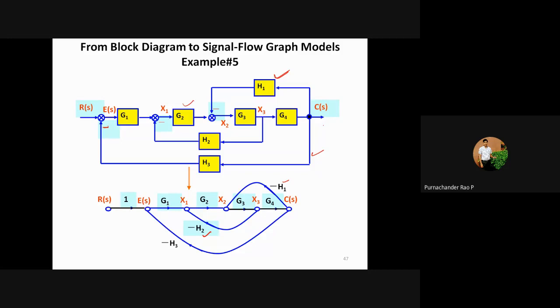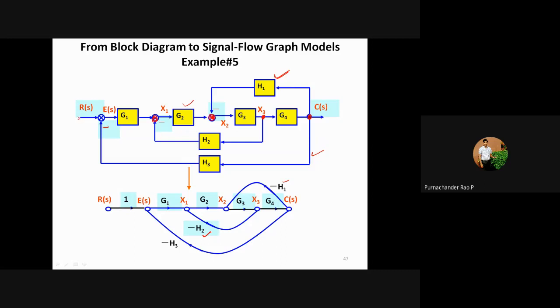Remember that we need to consider all the summing points or takeoff points, or we call these pick-off points. These values should be considered as the nodes.